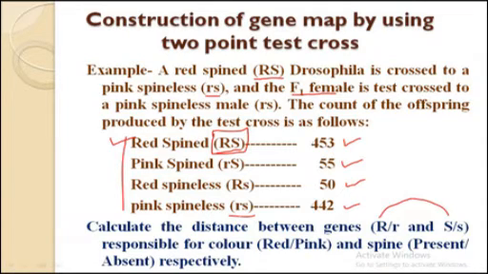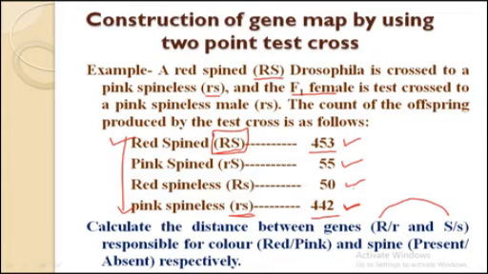Here also you can see both are homozygous, both recessive, and they are also parents. So in this way we can identify parents. Another way to identify parents is on the basis of number of progeny. Here you can see 453 is a big number, and another big number is 442.